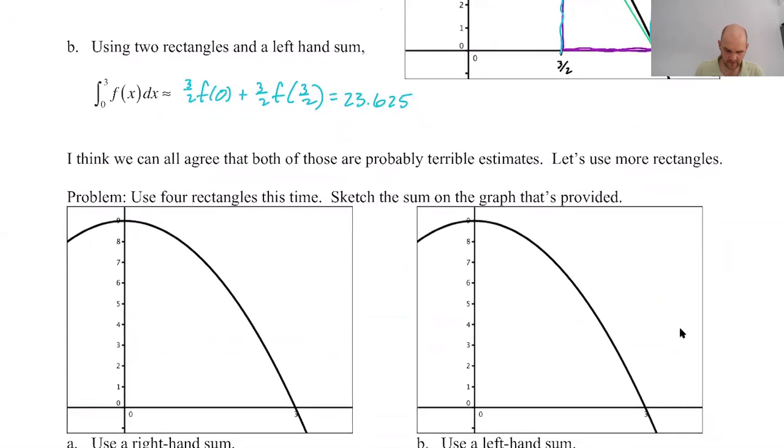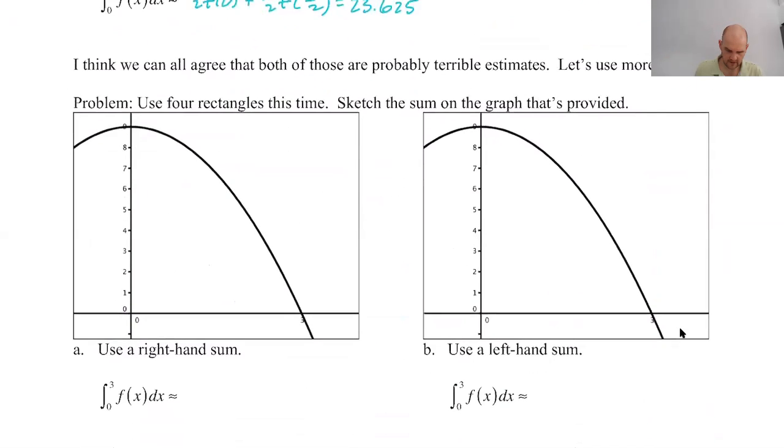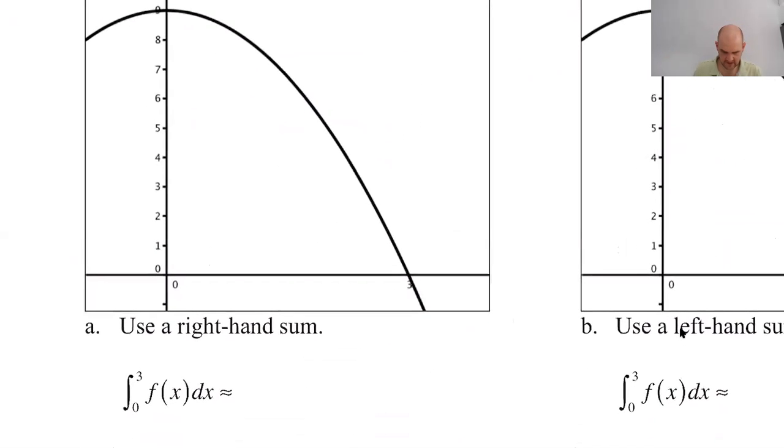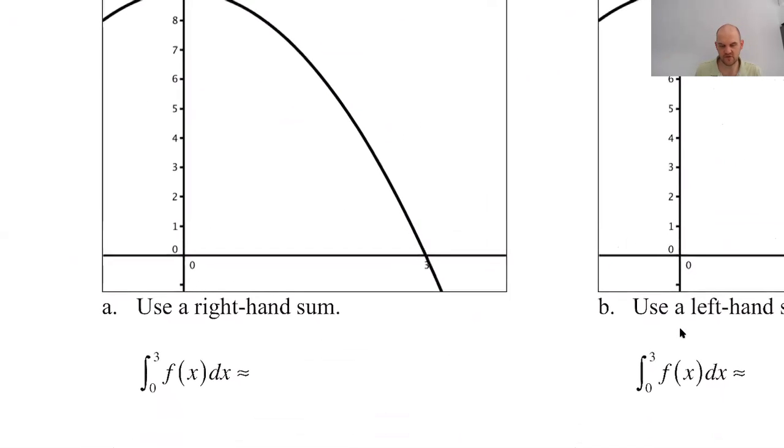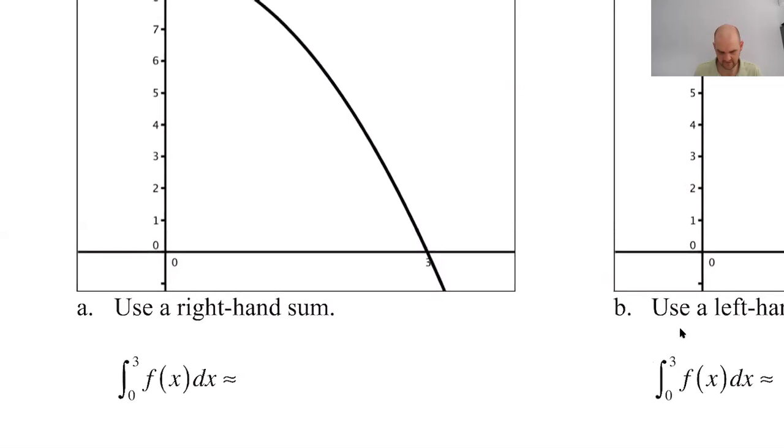All right, 4. So to do 4, 3 divided by 4 is 3/4, obviously. So we'll use 3/4, 6/4, 9/4, and then 12/4.